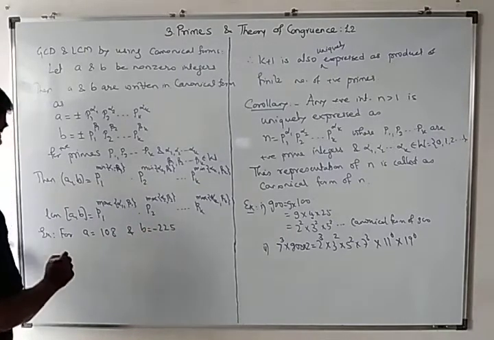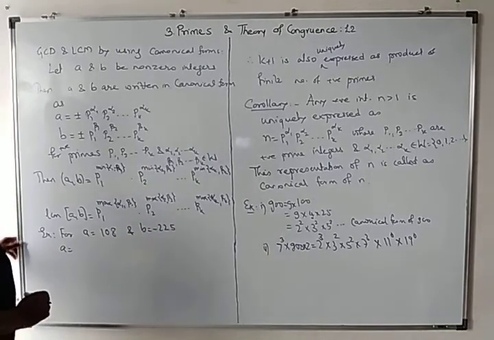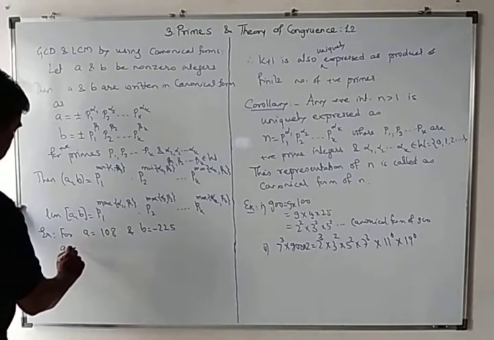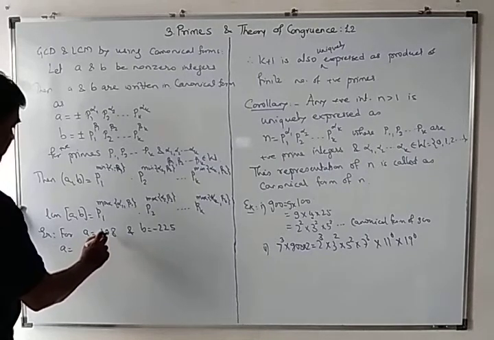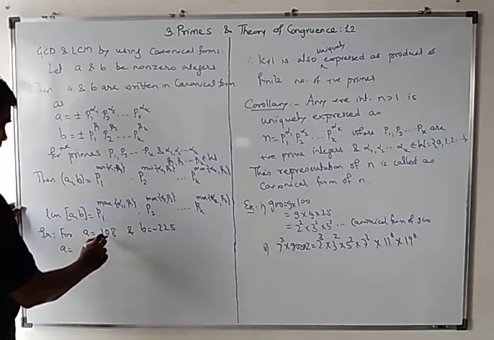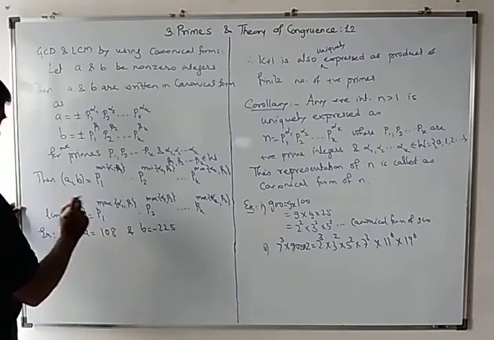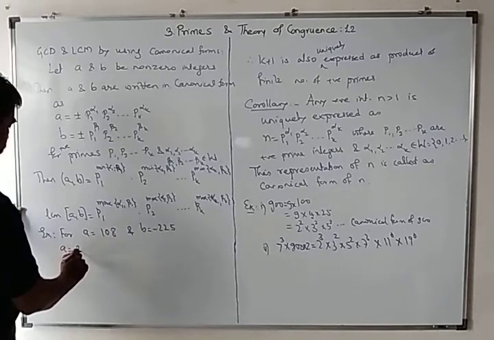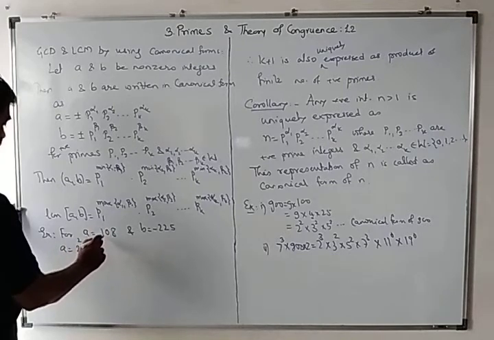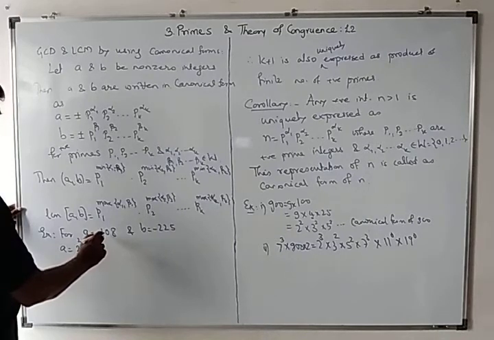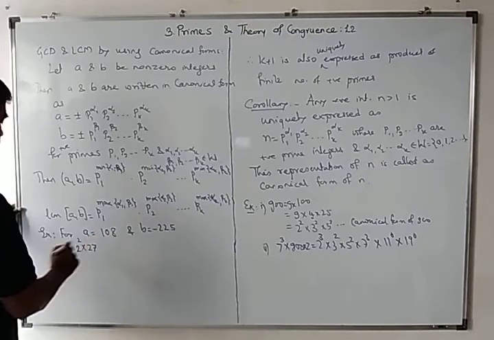Say A is written as, I can write this as 2, this is divisible by 4, so 2 square into 27.